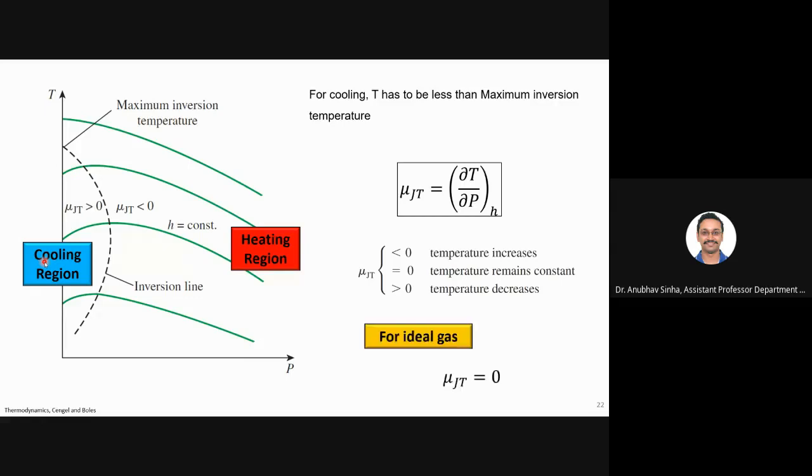And for an ideal gas, the Joule-Thomson coefficient is 0. So strictly speaking, for an ideal gas, your temperature should not change while throttling. It changes for a real gas. In a real gas, we see that effect, but if all the properties are ideal and the gas is behaving ideally, then the temperature change should be 0. Fine.